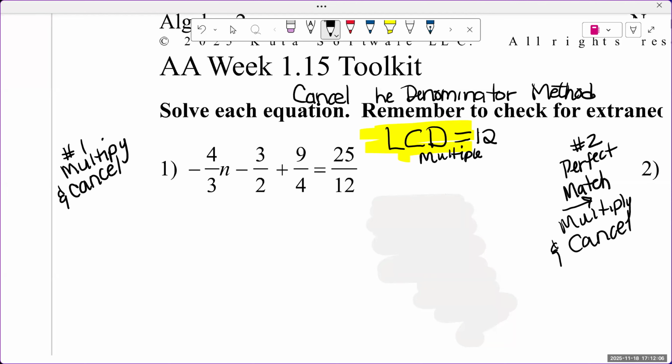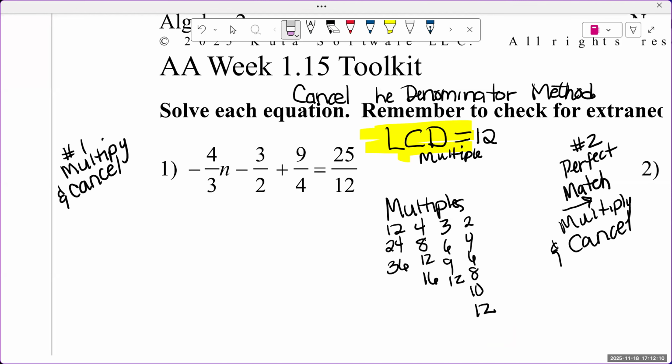So if you cannot see that the least common denominator is 12, you can write all the multiples of 12, the multiples of 4, the multiples of 3, the multiples of 2, and you can see that the least common denominator or the least common multiple is 12.